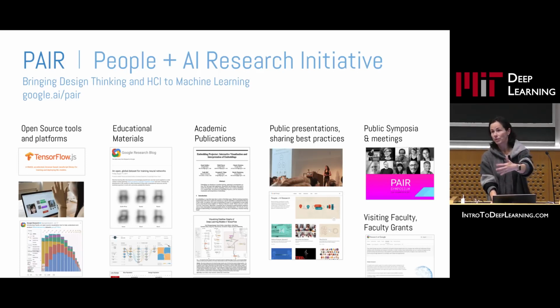We produce open source software, hopefully some of which you are familiar with. TensorFlow.js, anyone? Yes, I'm seeing some nodding here. We also put out educational materials. So some of this actually starts to overlap with data visualization for machine learning.